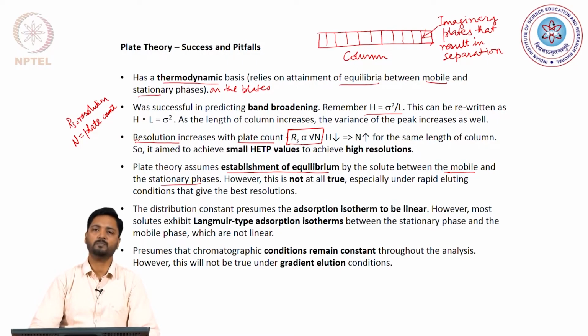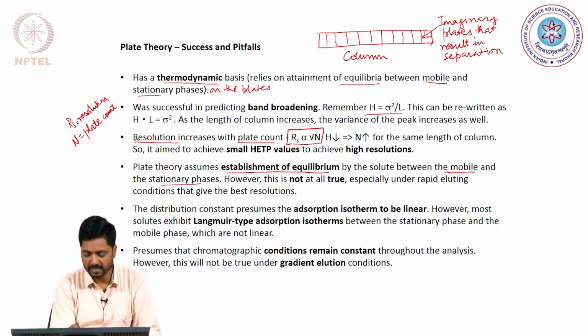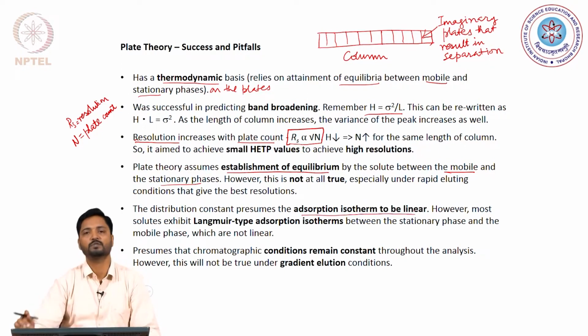Now, another point where plate theory had a presumption which finally did not hold true was that it presumed that the distribution constant, the adsorption isotherm, was linear.